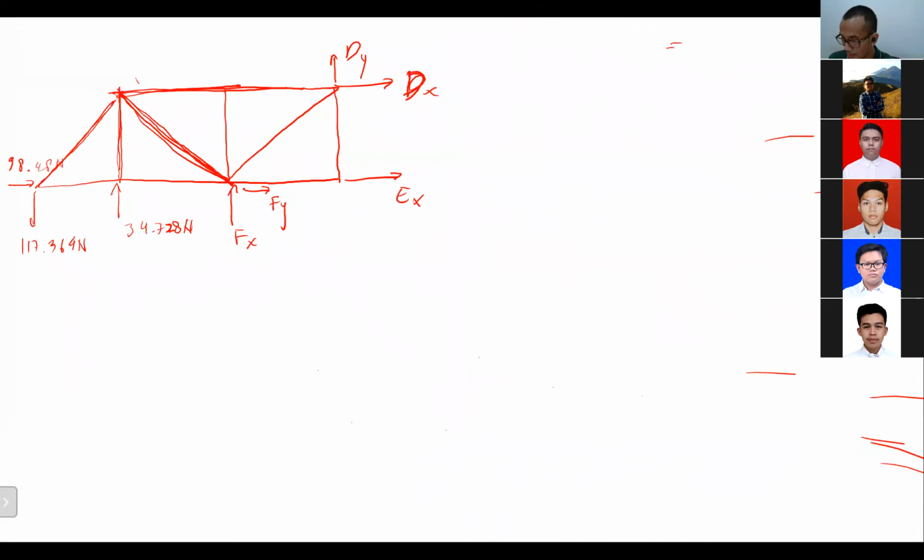So these are the members that we need to find. Now I will ask you guys, what should we do after this? Do we need to cut? What should we do in order to solve for those three members?